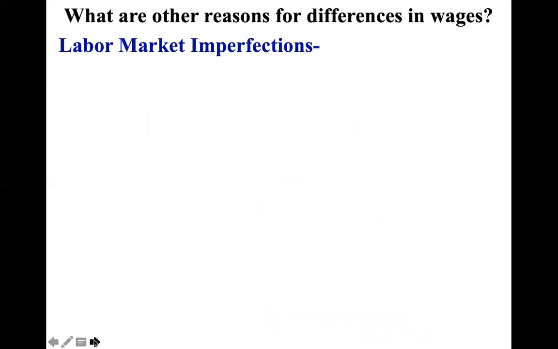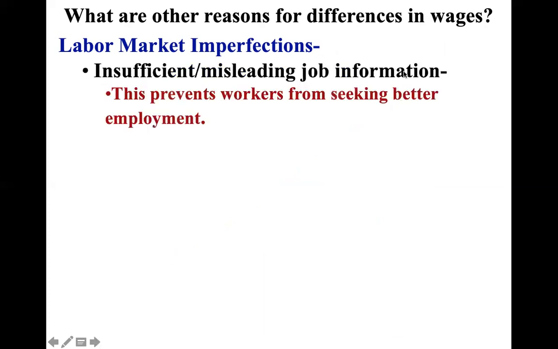The last idea we need to talk about here is reasons that markets don't work as well as we've established in the slideshow. In other words, what are some labor market imperfections that make these wages not work out as cleanly as we've shown them to be? The first one is insufficient and misleading job information.